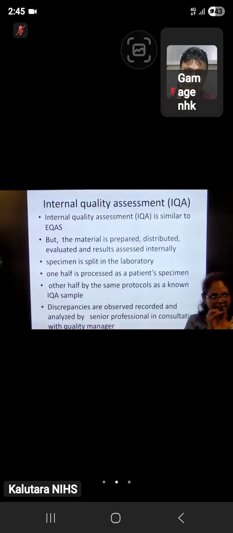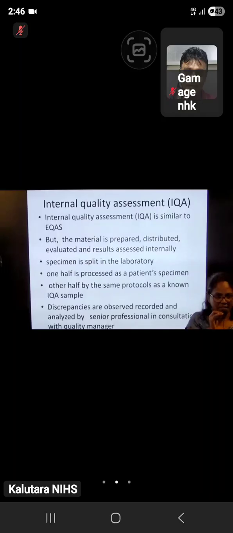As I mentioned, internal quality assessment. As someone said, internal means what? Internal quality assessment is similar to EQA, but the material is prepared, distributed, evaluated and the result assessed internally. The specimen is slipped into the laboratory. One half is processed as the patient specimen, and the other half by the same protocol as a non-IQA sample.